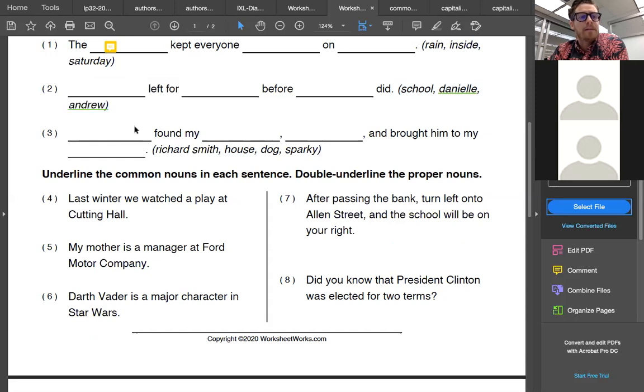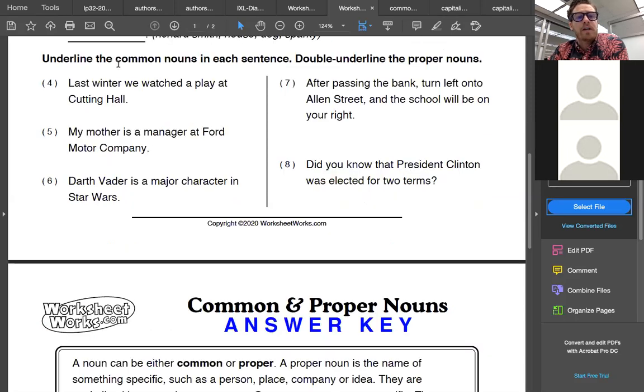Yeah, okay. So let's do a couple here. Underline the common nouns for each sentence. Double underline the proper, okay? Last winter, we watched a play at Cutting Hall. So winter is a common or proper noun? This one's a tricky one.